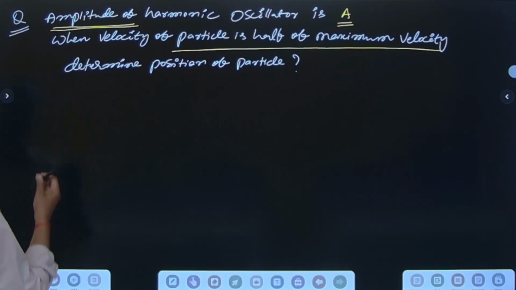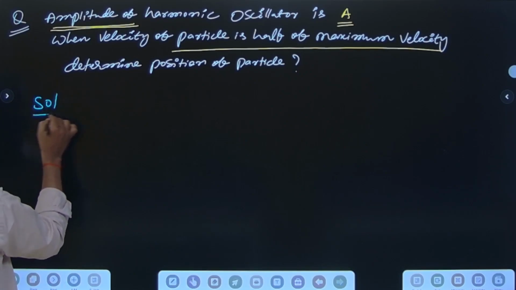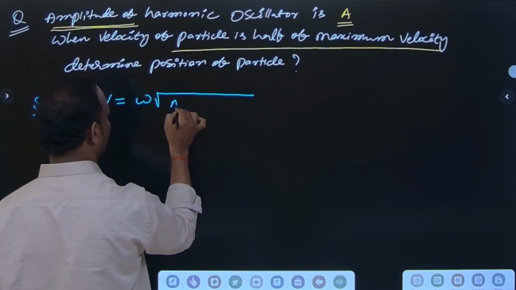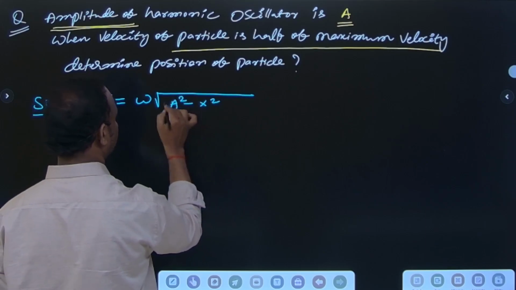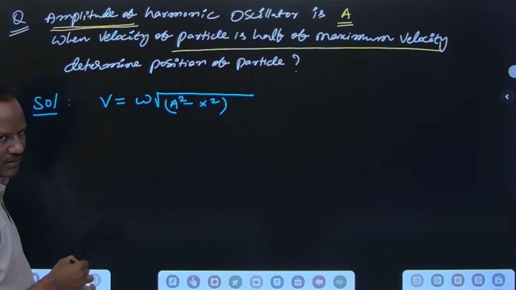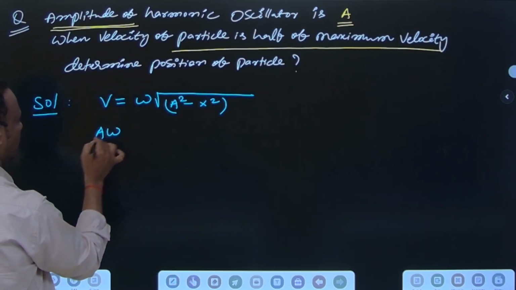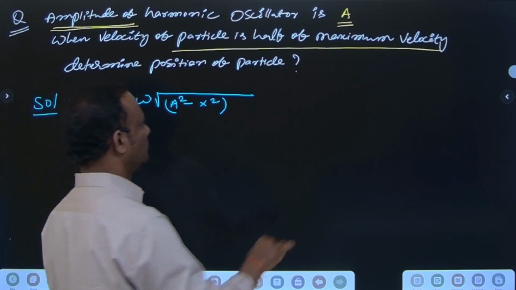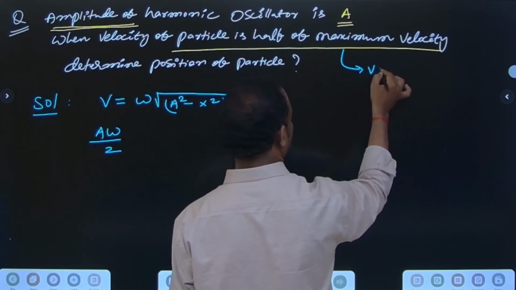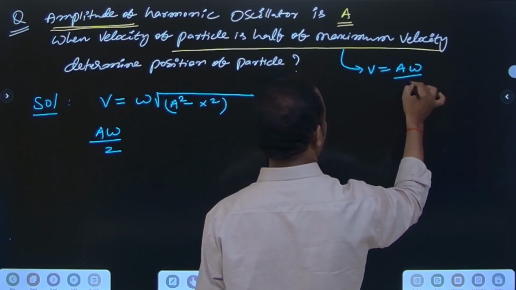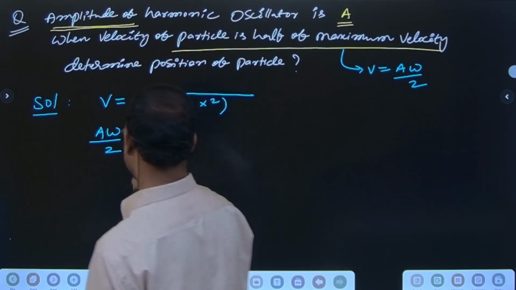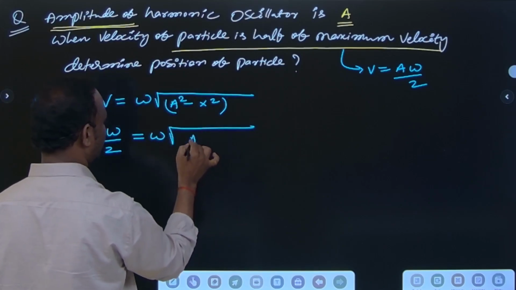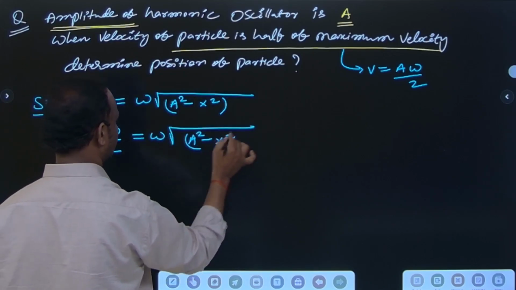So what we know is velocity v is equal to omega under root of A square minus x square. What is v? A omega by 2. So A omega by 2 is equal to omega under root of A square minus x square.